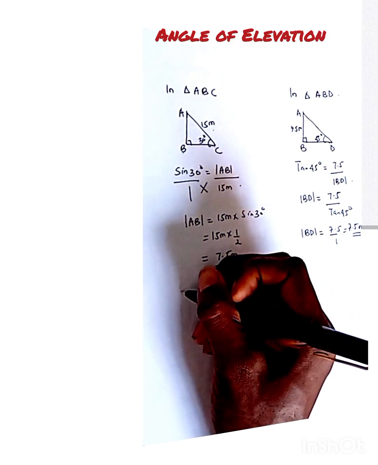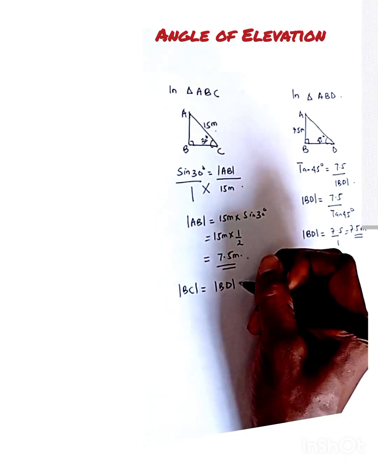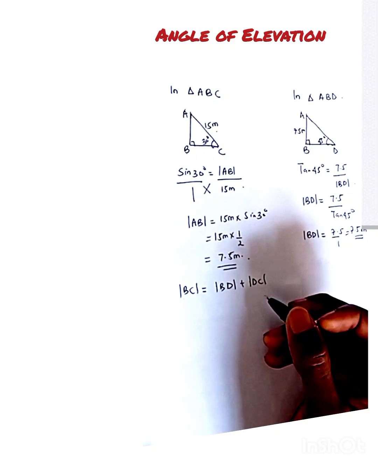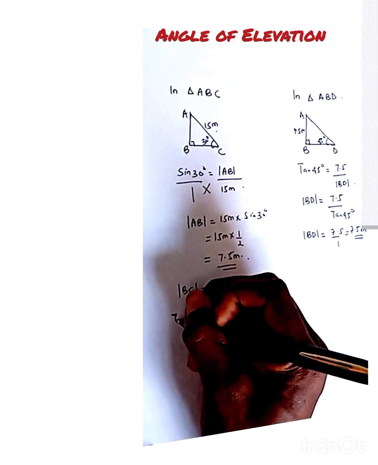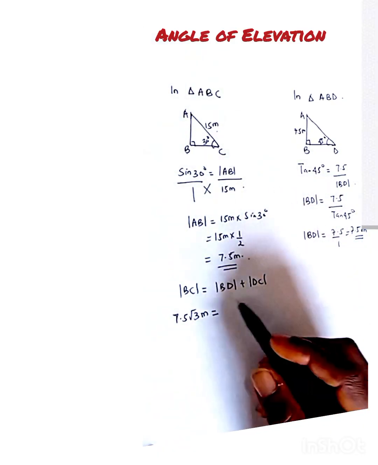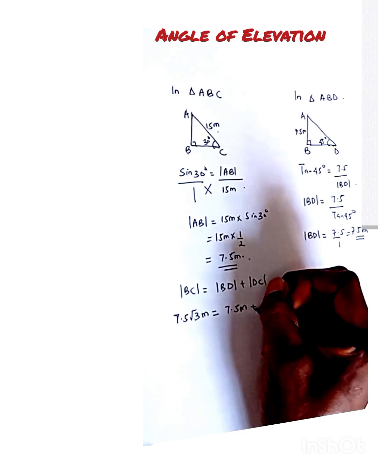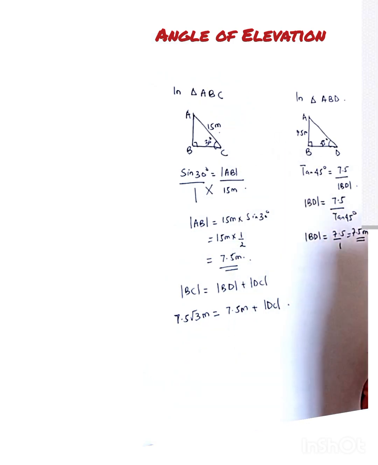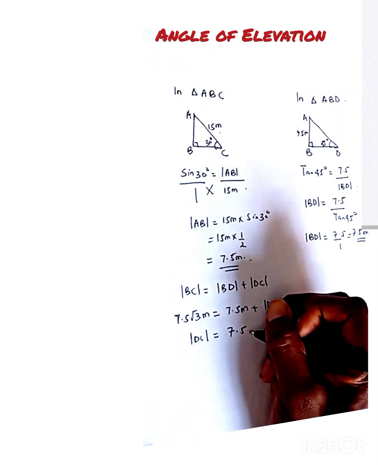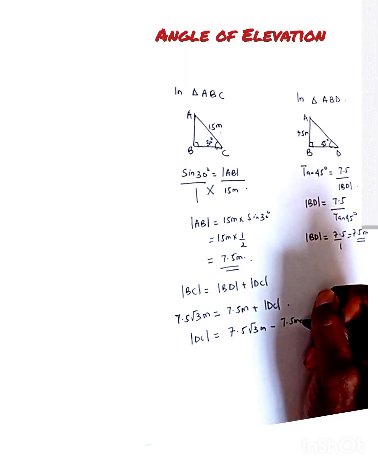Now from first you have that line BC is equal to line BD plus line DC. Now line BC is giving us 7.5 root 3 meter, and line BD is giving us 7.5 meter. Then line DC is what we are looking for. So line DC becomes 7.5 root 3 meter minus 7.5 meter.